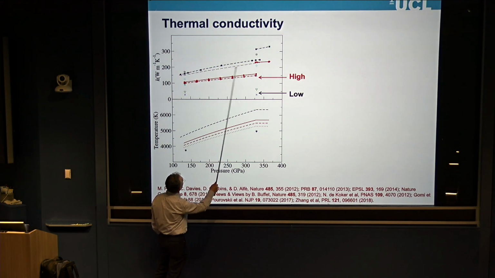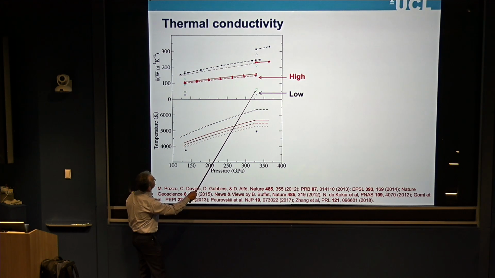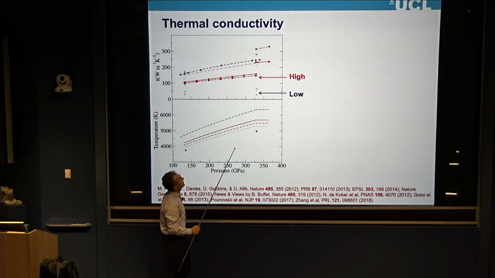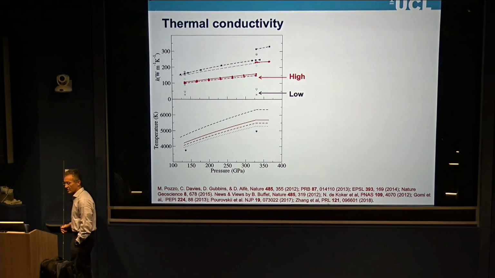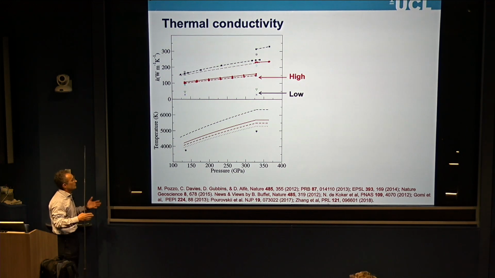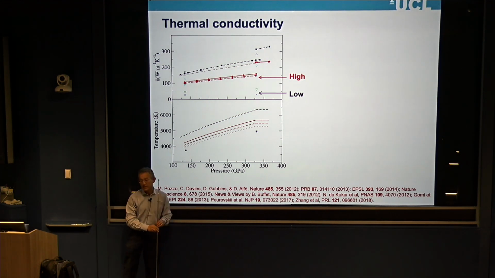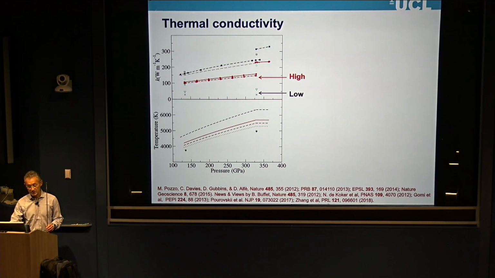This is the outer core, and this is the inner core, compared to the data that was used before. So there's a factor of at least 3 increase in the thermal conductivity, which is a very large difference. It makes thermal convection very difficult to sustain.